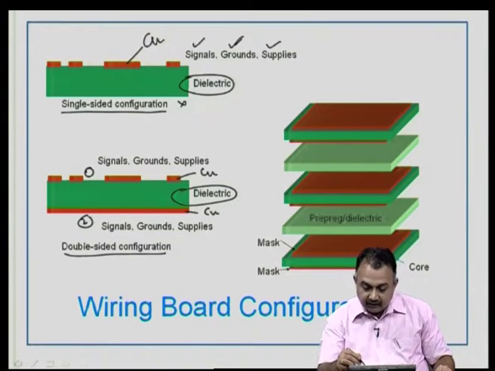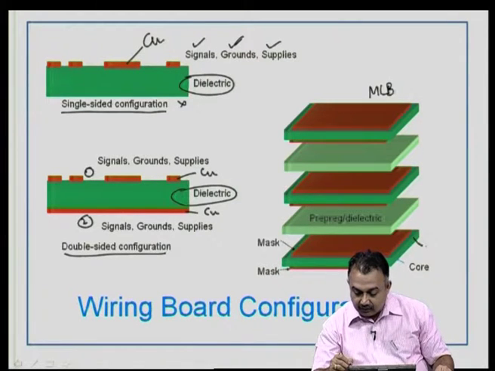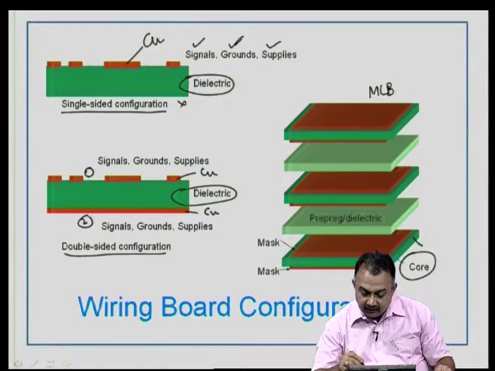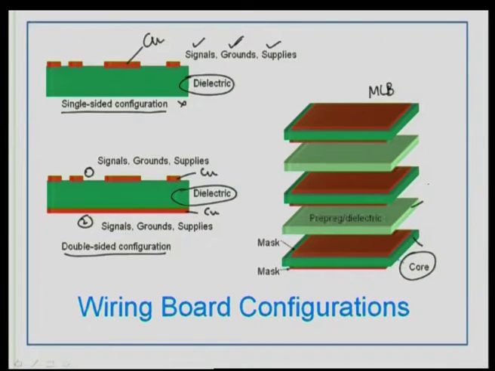And now, here what you see is a multi-layer board. You can see a basic core structure starting, and you can see the mask here that will be used to realize the copper traces. Then you have the pre-preg or the dielectric material that is added later. So, assuming this mask is now realized as a copper layer, then you will have to build multi layers by adding a pre-preg, another set of copper layers, another set of dielectric, another core structure with 2 copper layers and so on.